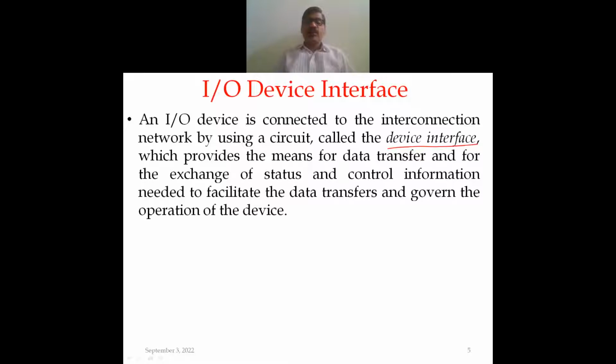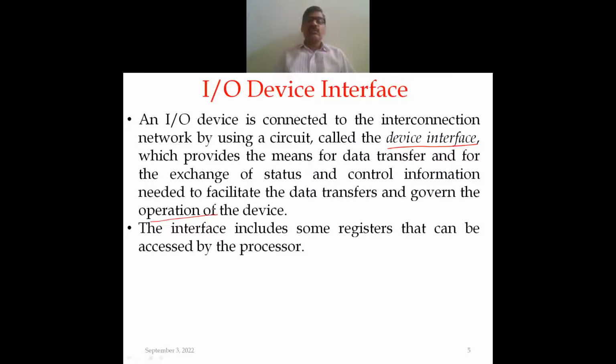This device interface provides data transfer and exchange of the status and control information which is needed to facilitate the data transfer and which will be used for the operation of that particular device. The interface includes some registers that can be accessed by the processor.